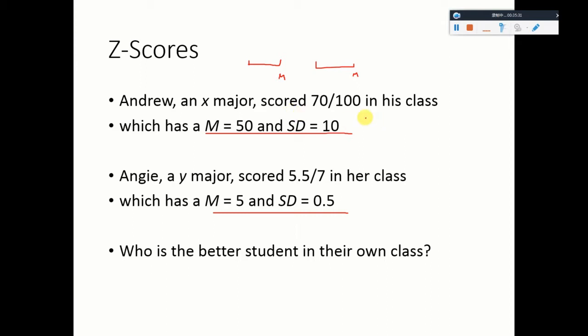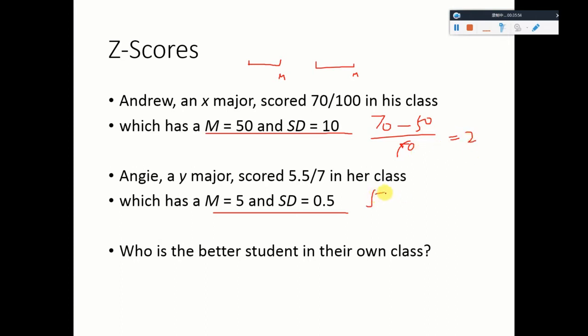So the z-score for Andrew will be, that's the value we're going to convert, so that's x, and we know the mean is 50, and we know standard deviation is 10. So what's the z-score? 70 minus 50, that's 20. 20 divided by 10, 2.